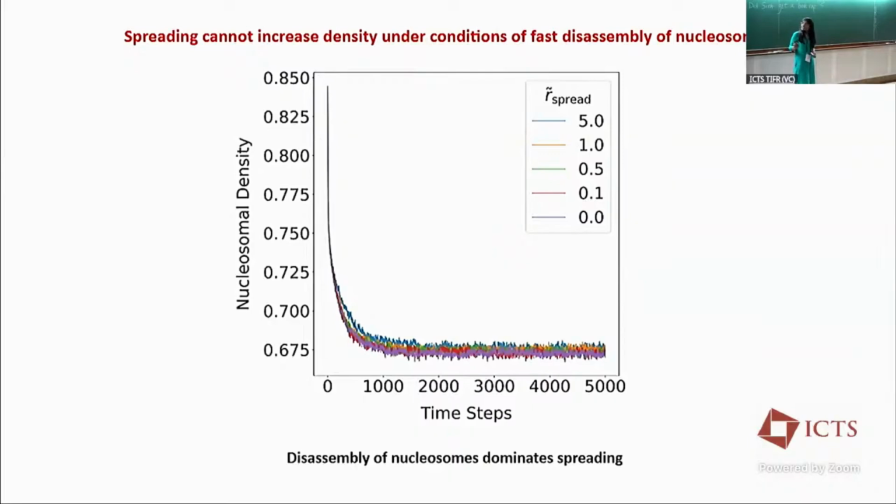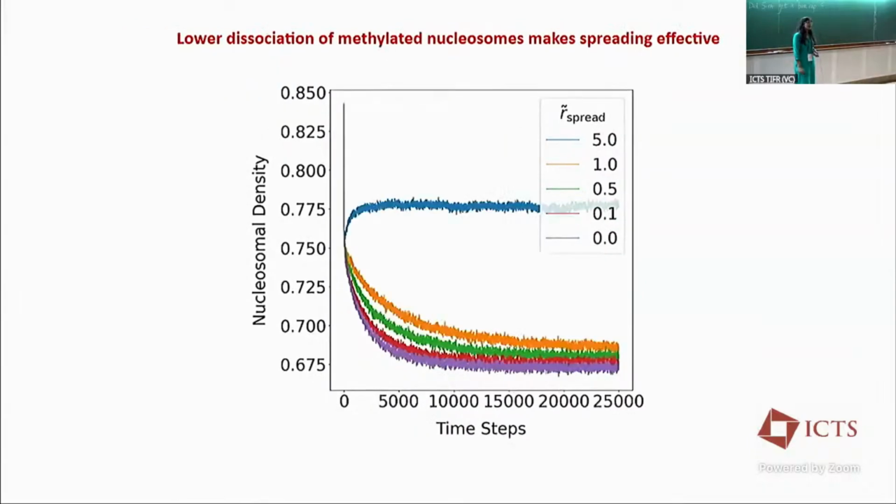So we then asked the question: under this condition, when disassembly of nucleosomes is very fast, is it so that spreading can never make the difference, or can spreading be made to make the difference? The answer is yes, it can be made, provided we selectively lower the removal rate of methylated nucleosomes. This essentially increases the time for which the methylated nucleosome would stay, and therefore the spreading becomes effective.